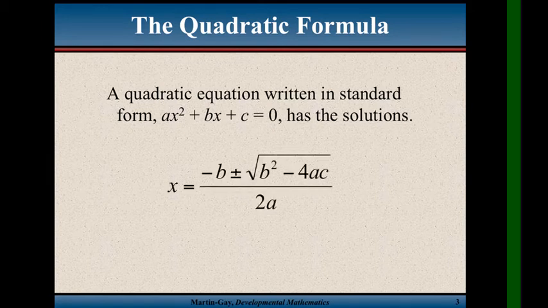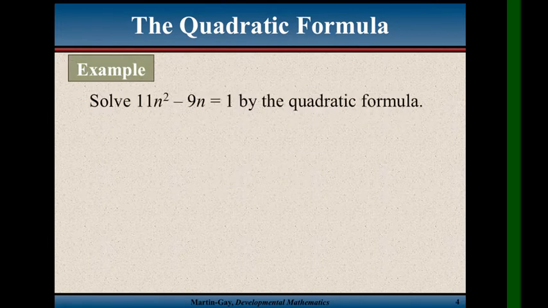So it has a formula, the quadratic formula, and we have x equals negative b plus or minus the square root of b squared minus 4ac over 2a. Example: 11n squared minus 9n equals 1.